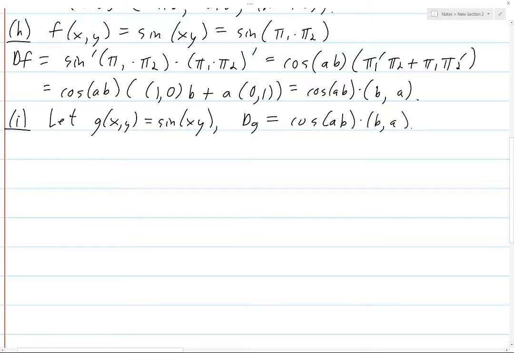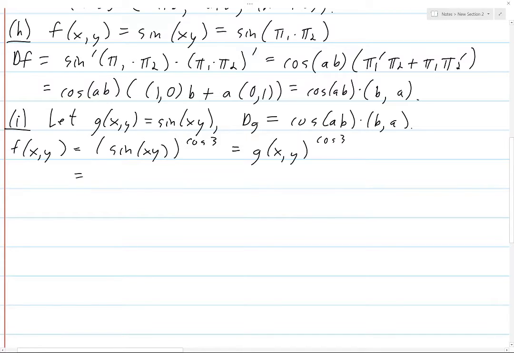Now f of x, y in this problem is sine of x times y to the power of cosine of 3. Remember, cosine of 3 is just a number. But anyway, so this is going to be g of x, y raised to the power of cosine of 3.